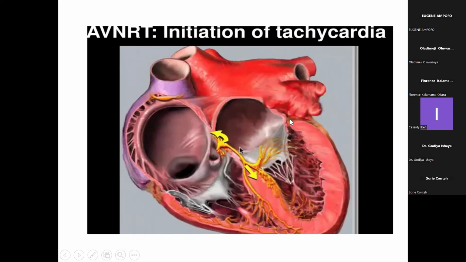And as long as that has happened in both scenarios described, the activity of the circuit cannot be completed. So the patient cannot go into any more tachycardia. Okay?